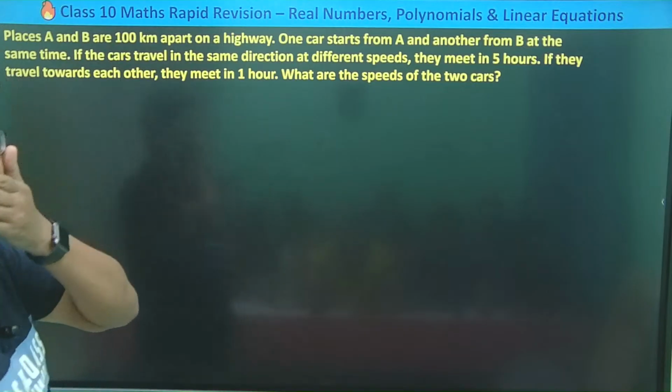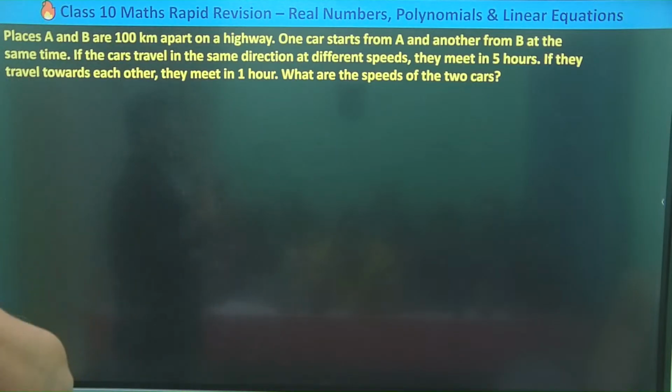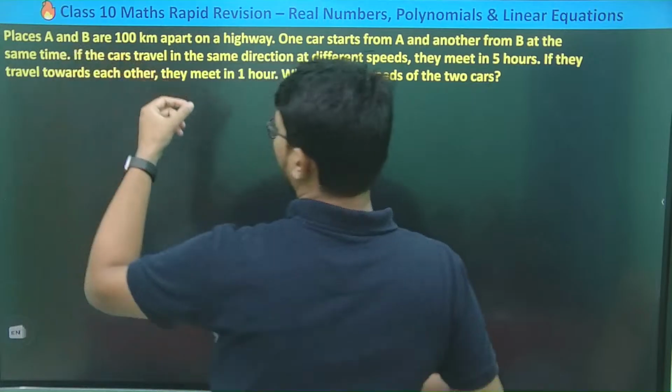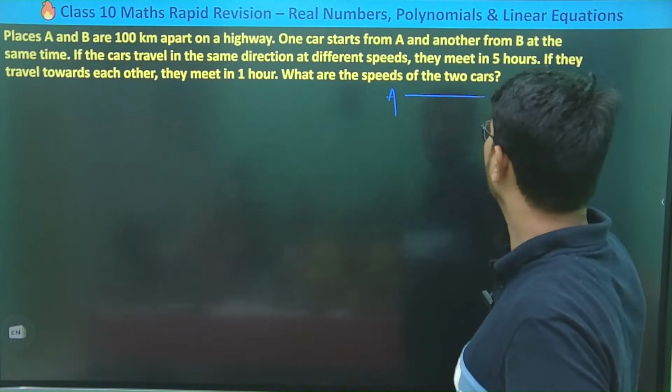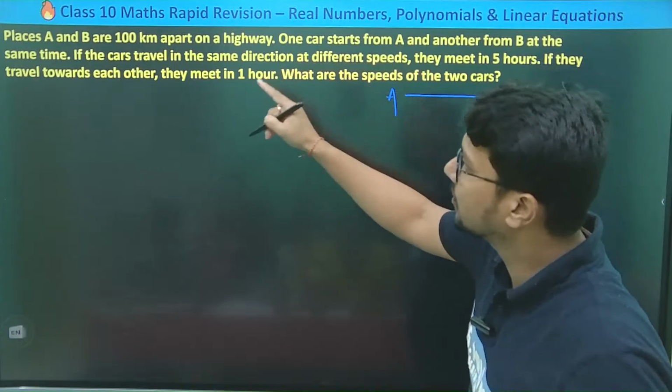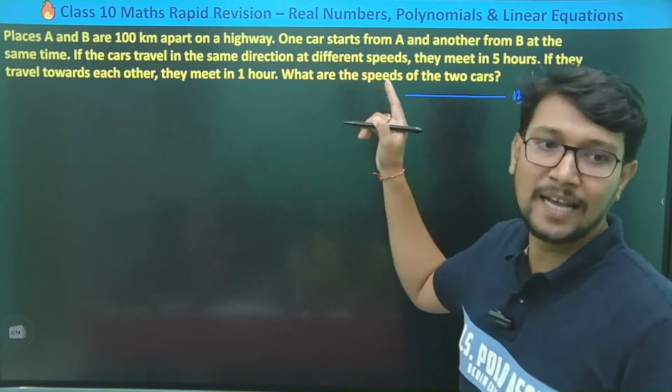Let's look here and understand the question. Two places A and B, 100 kilometers apart on a highway.